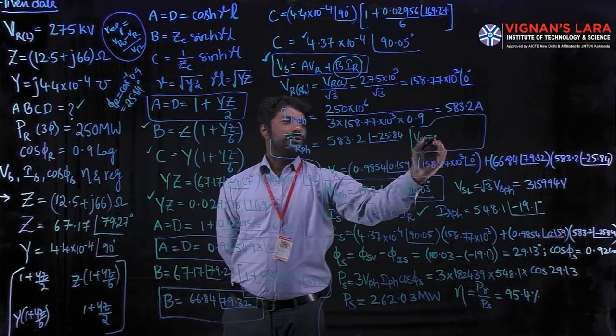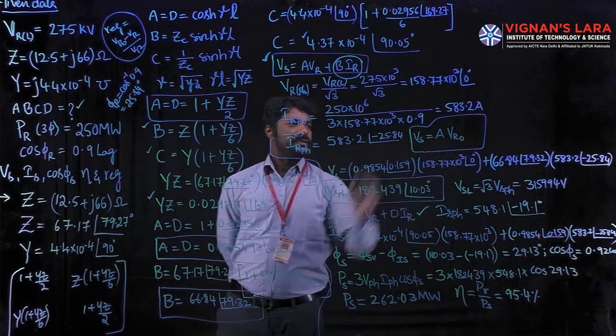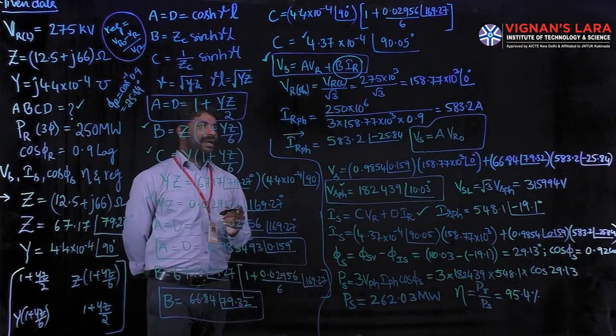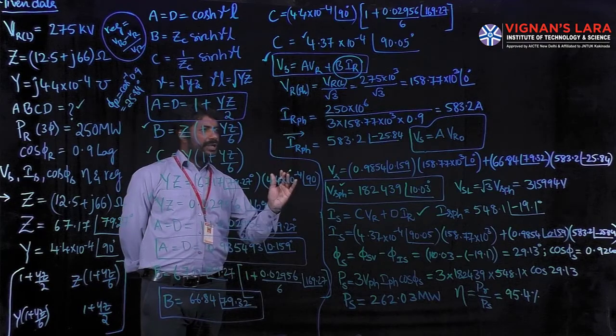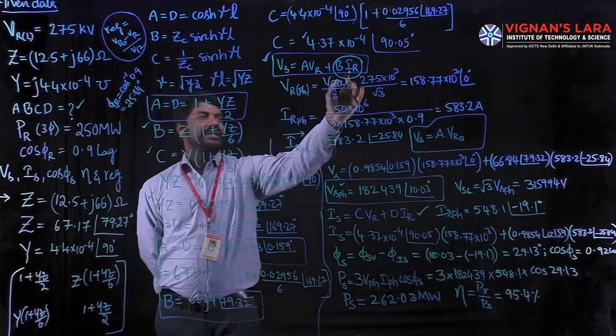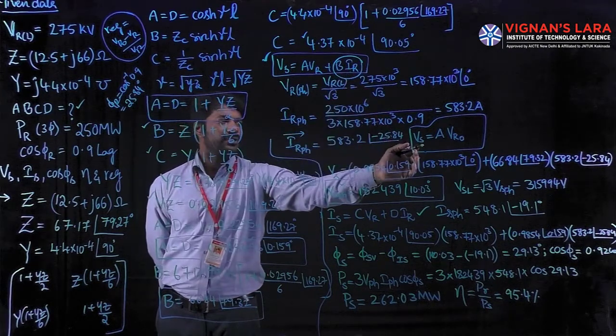Vs is equal to A VR. Specifically I will denote it with 0: VR0. Why have I shown that VR0? Because following that VR0 there is actually a term called B IR. Since IR is 0 at no load, this equation corresponds to the voltage equation at no load.